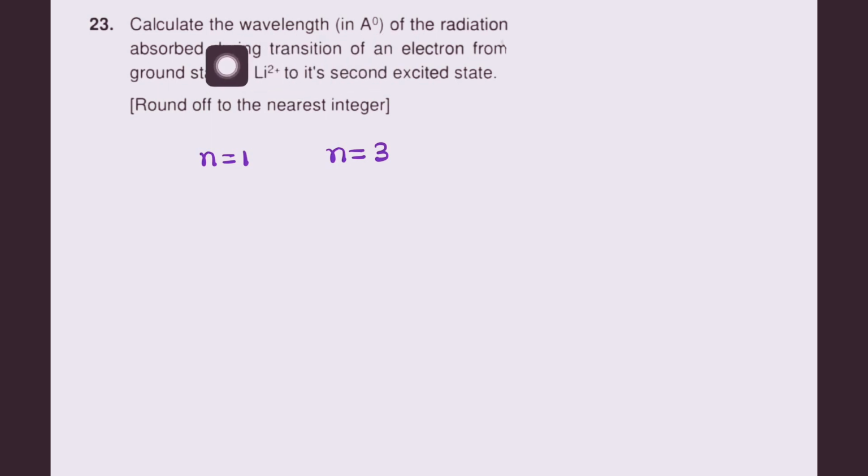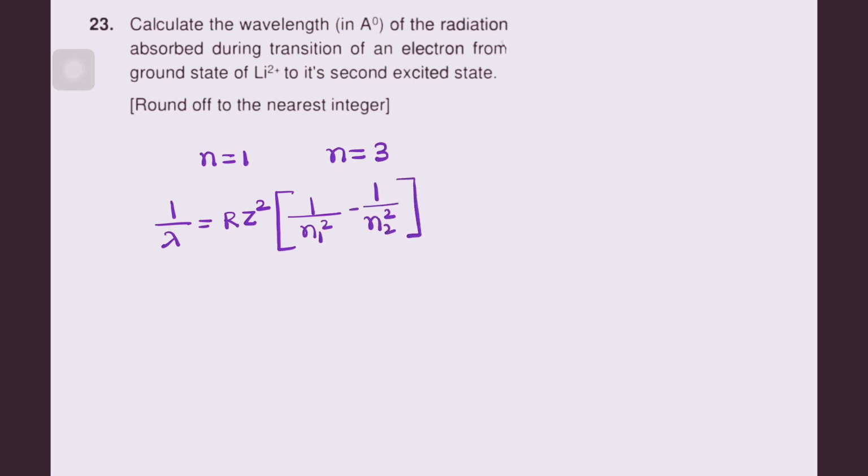So we'll just use the Rydberg equation. We have 1 upon lambda equal to R Z square into 1 upon n1 square minus 1 upon n2 square. R is the Rydberg constant, that is RH, and Z is the atomic number, for hydrogen, helium, lithium. It is 3 square.